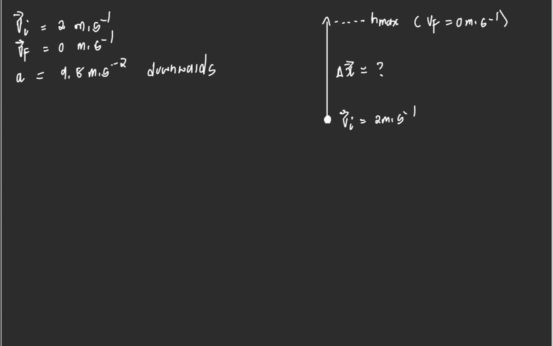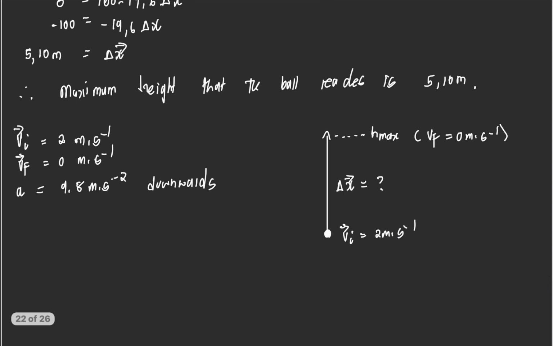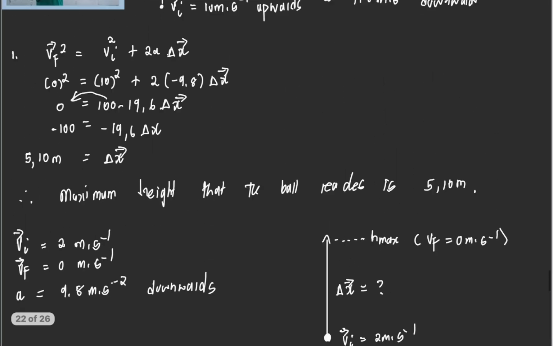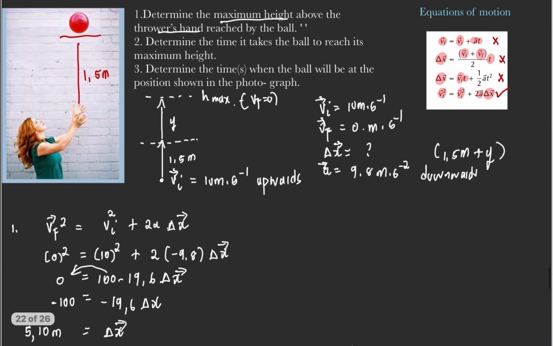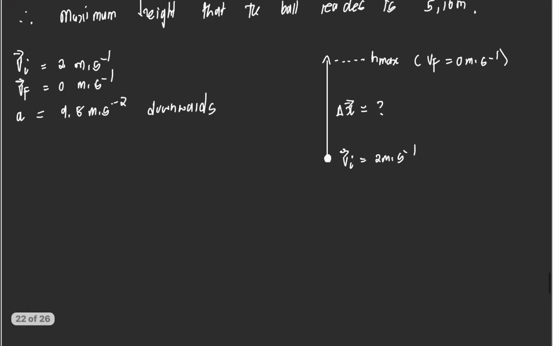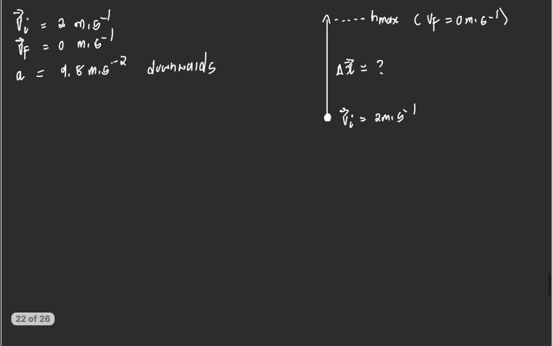So what you're going to do is the same thing as we did up there. We have 3 things: our VI, VF, and our acceleration. So you can use the fourth equation of motion to calculate the distance.